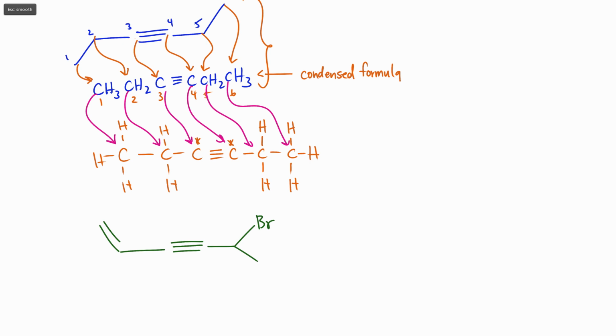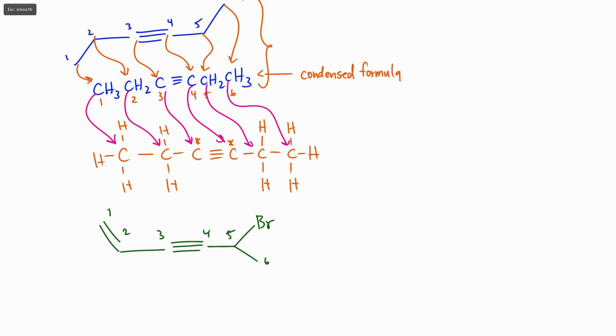Okay. How would we draw our condensed structure? Well, we need to count the number of carbons. 1, 2, 3, 4, 5, 6. Let's just arbitrarily number it like that.